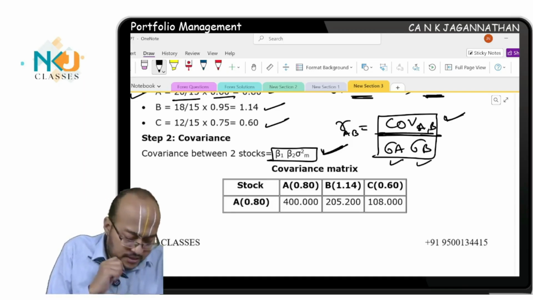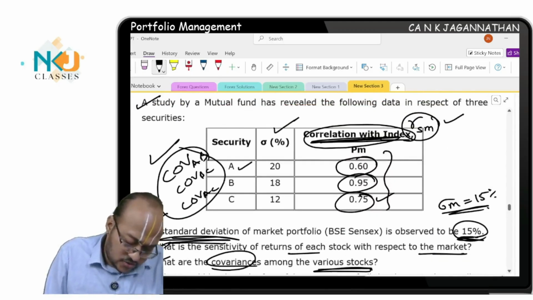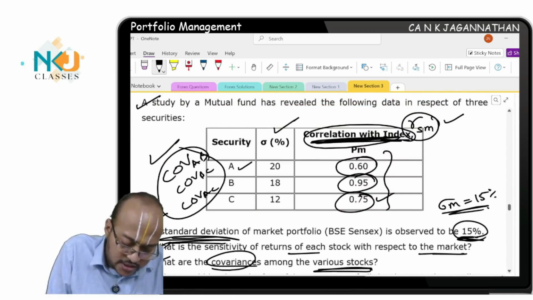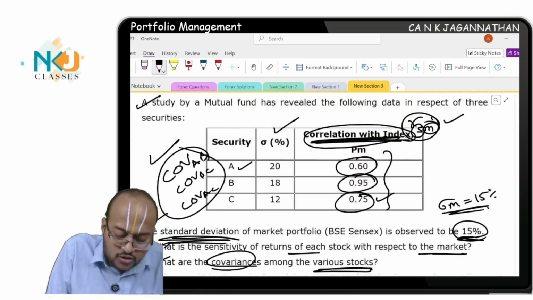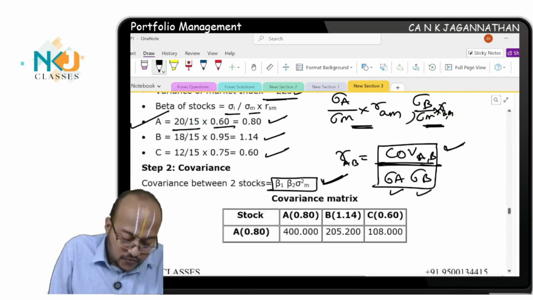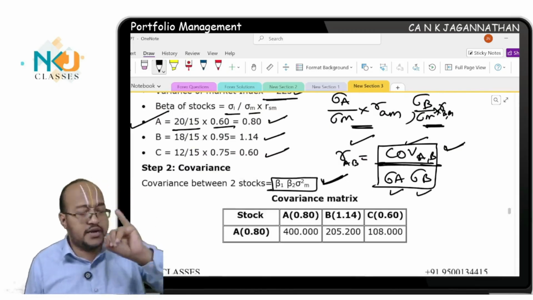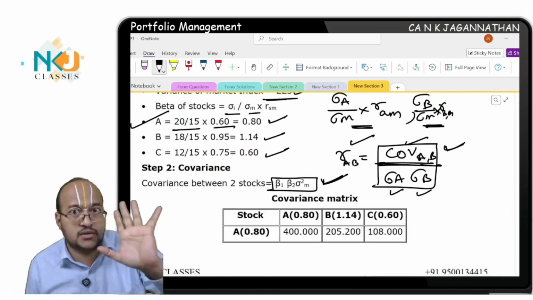But if you notice, we have correlation given, security and market correlation is given. If they are asking us to find covariance and correlation data is there, fine.